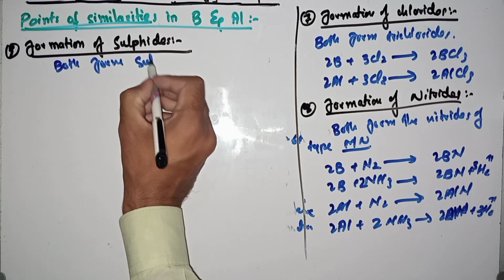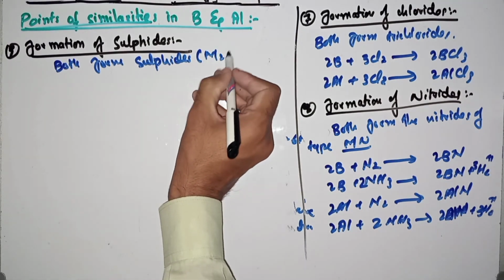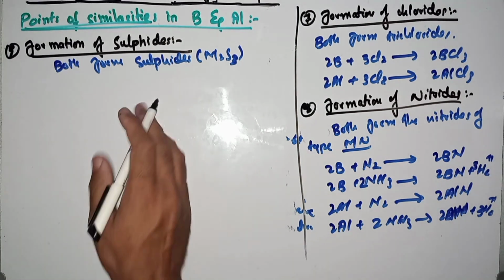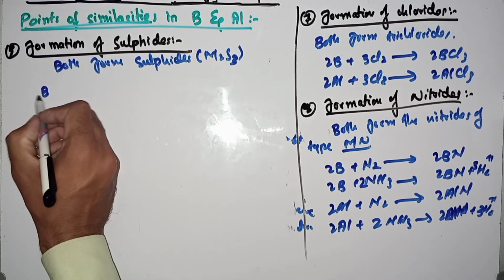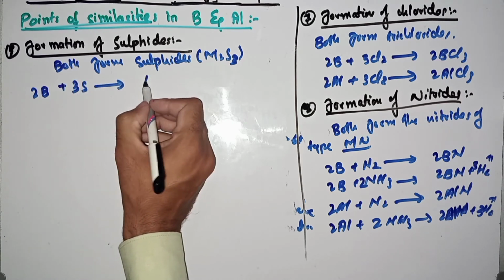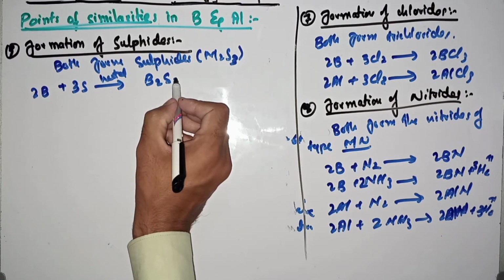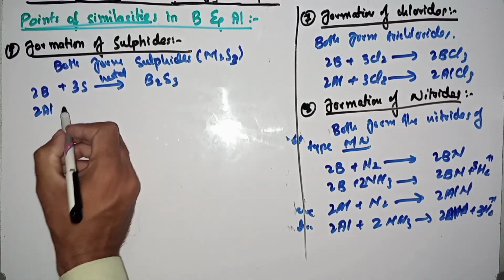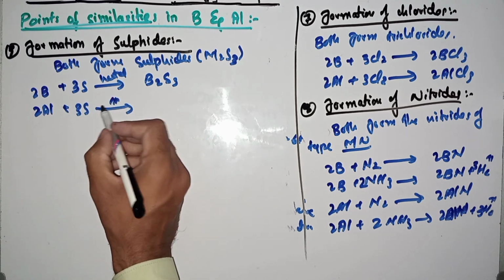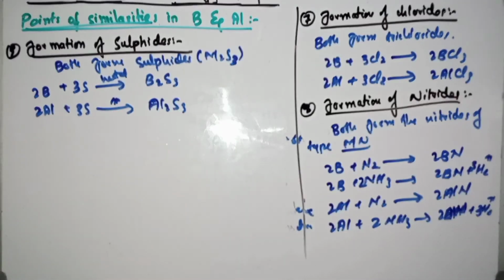Both form sulphides like M2S3 when they are heated with sulfur. In case of boron heated with sulfur, it produces B2S3. Similarly, when aluminium is heated with sulfur, it produces Al2S3.